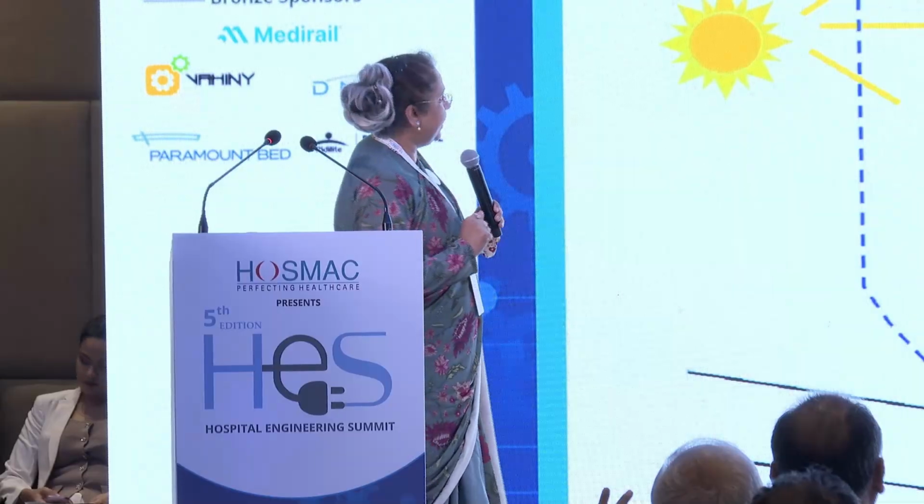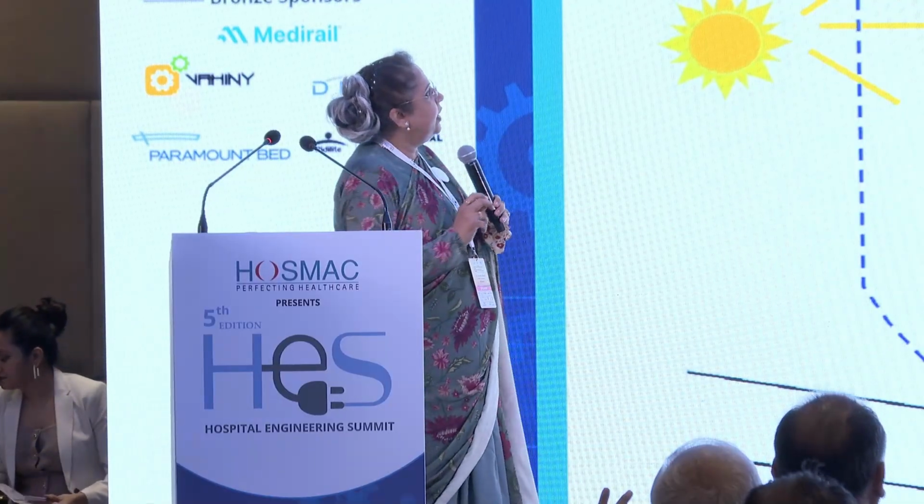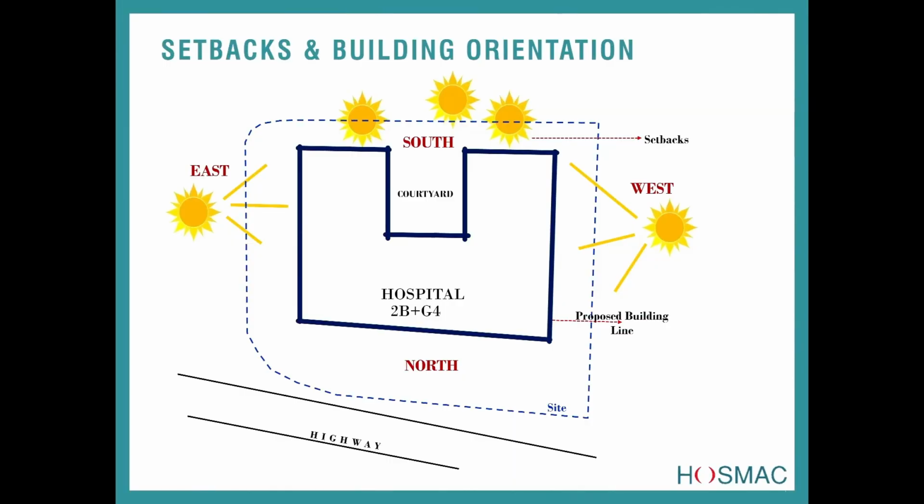So I was just talking about how to stack and put a hospital together, but nevertheless, what comes to the fore also is for an architect to understand how the building will react to climate. So here is a slide where we are talking about the building orientation. The south side of the hospital should be lesser in length and less exposed to the south in India, of course.